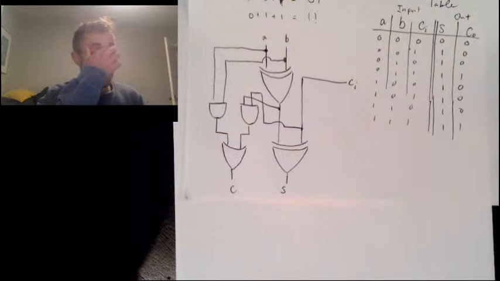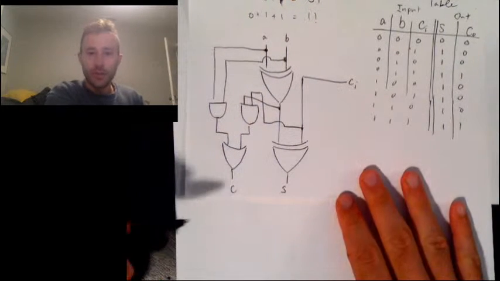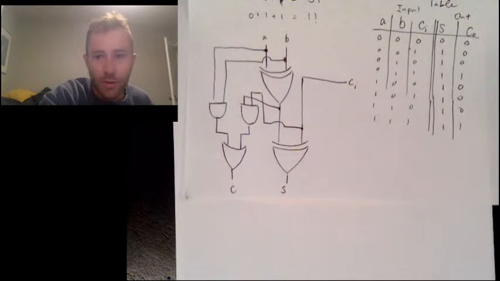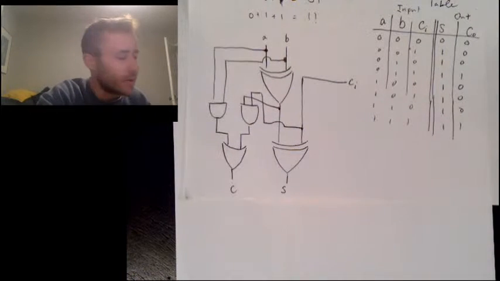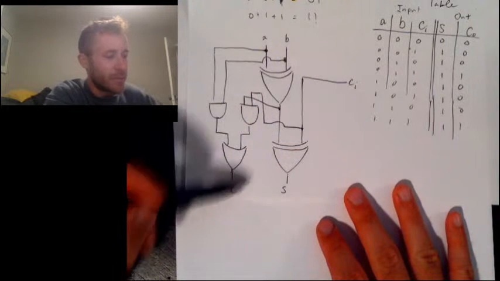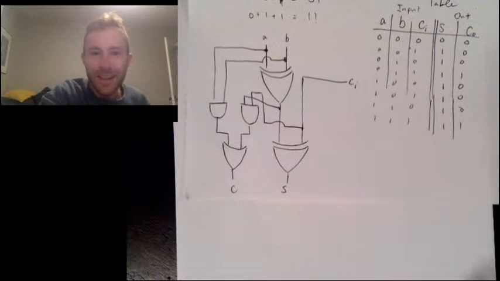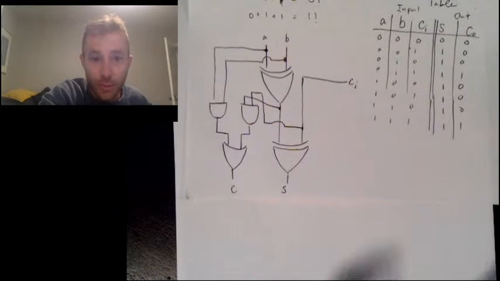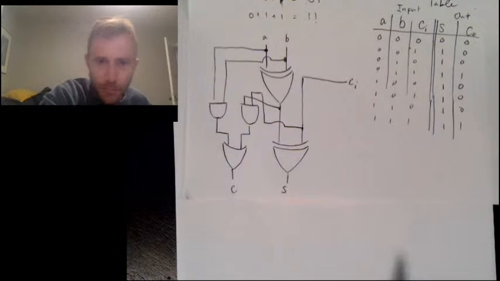If you do this, you can check the logic yourself. I'm not going to go over it because it's really tedious. But if you were to do that, you would find that this connection of logic gates produces the correct truth table for a full adder.